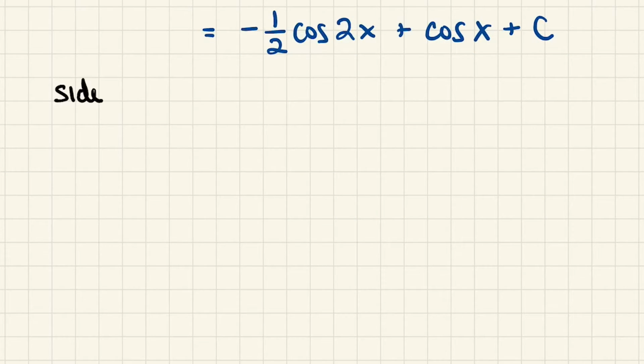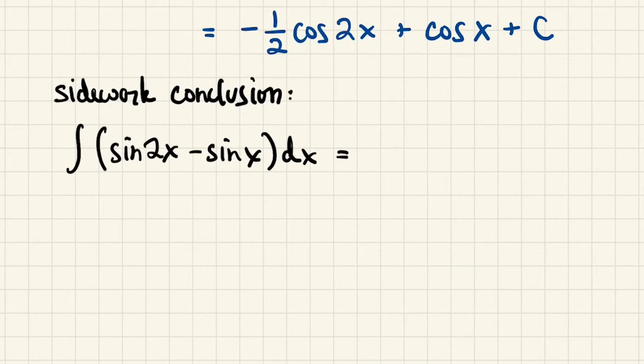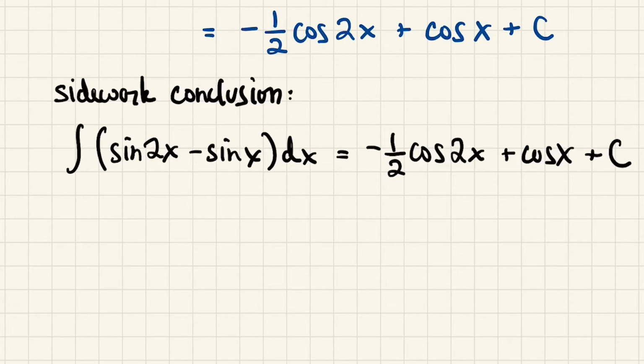So our side work conclusion is that the general antiderivative of sine of 2x minus sine of x is exactly what we have there: negative 1/2 cosine of 2x plus cosine of x plus c.